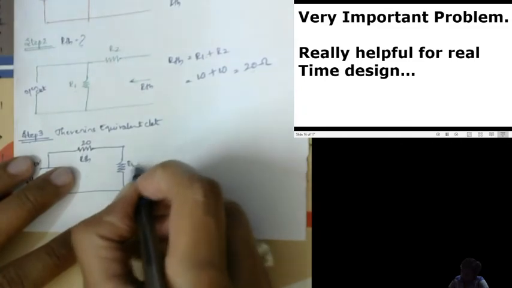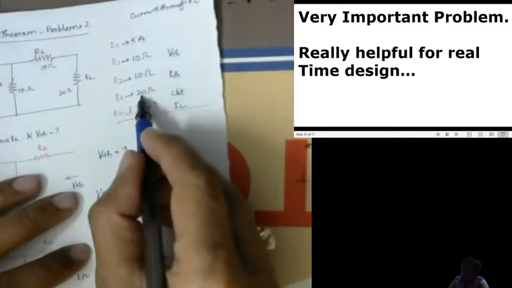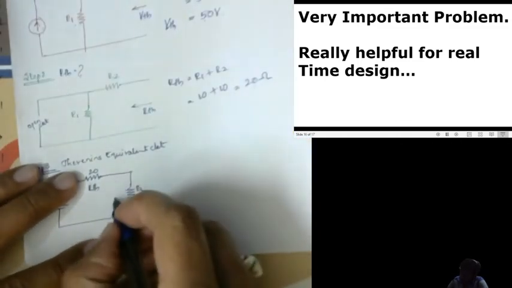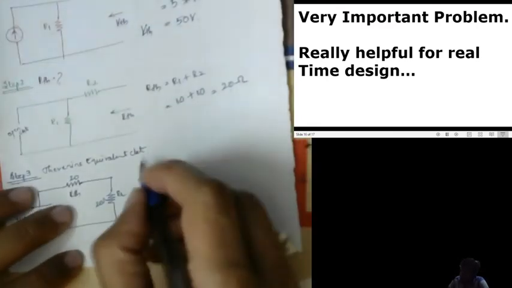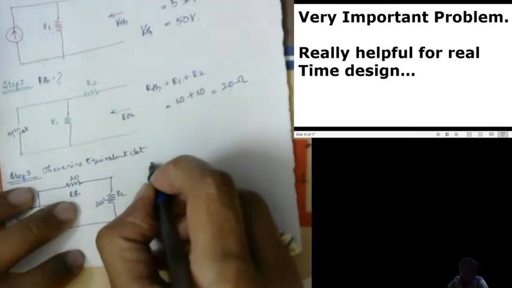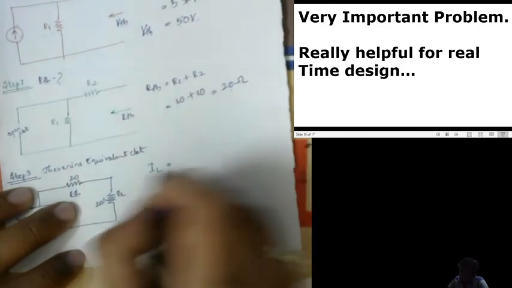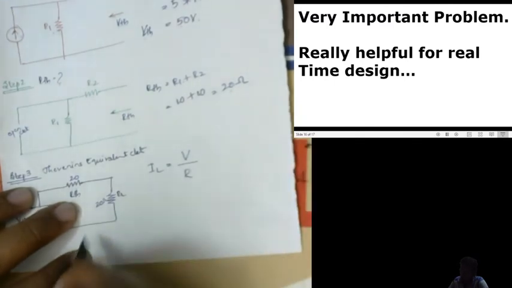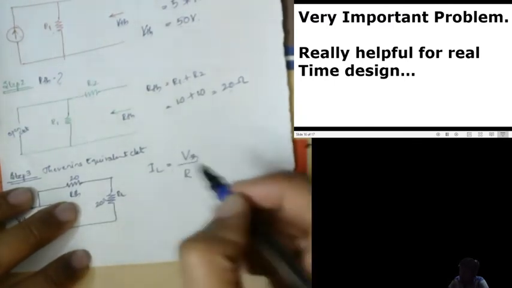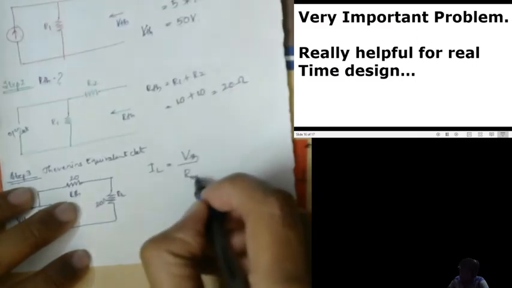The value of RL is 20 ohms. Now you need to find IL. This is equal to V over R. V means VTS, R means R equivalent.